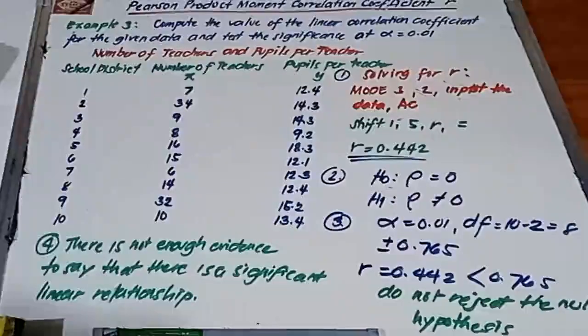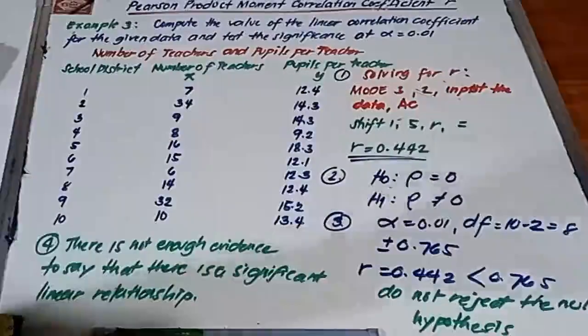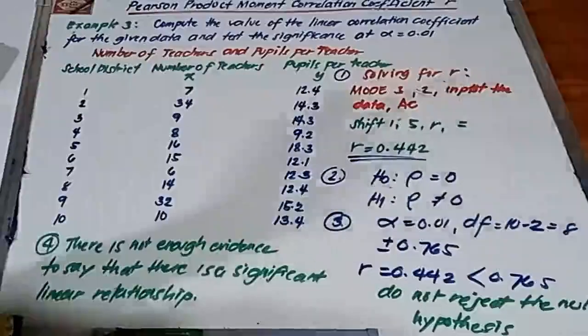Ibig sabihin, number of teachers ay hindi related dun sa pupils per teacher natin. Okay? Walang matibay na ebidensya ng linear relationship yung dalawang variable.